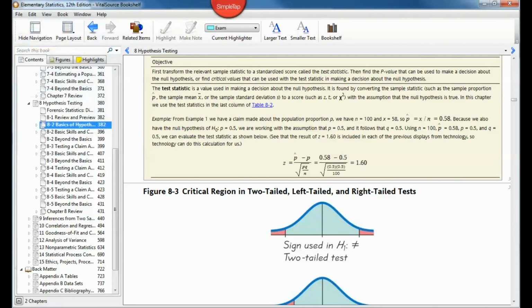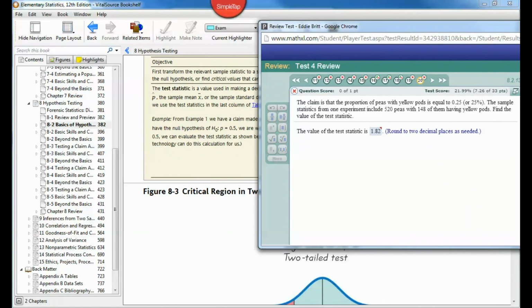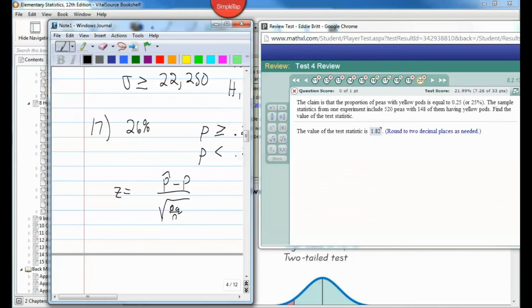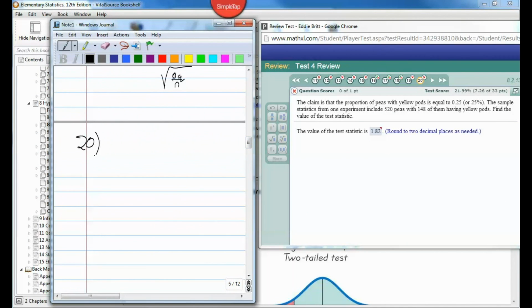So let's see if I can pull this up right here. Sure can. This is problem number 20. So here is the population proportion claim.